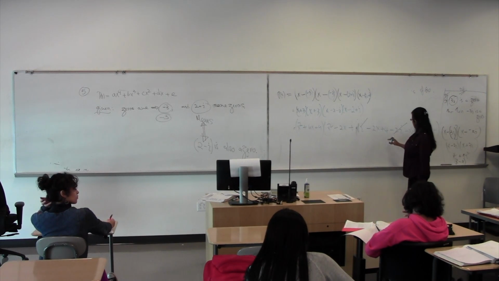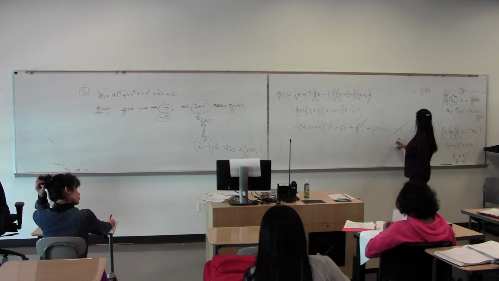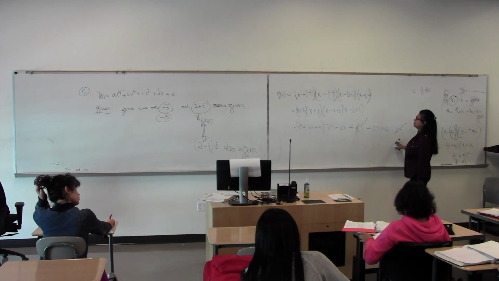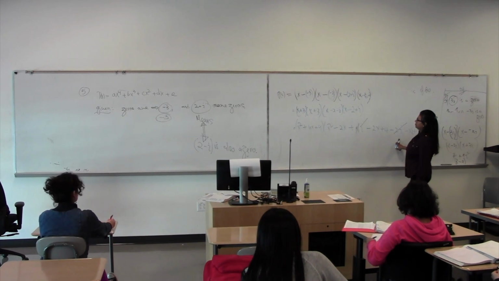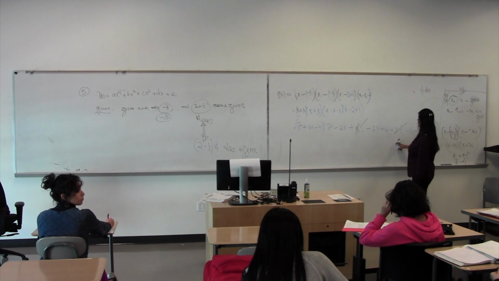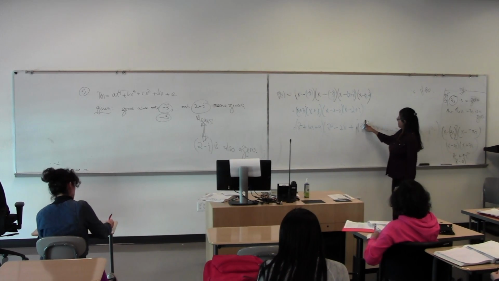Okay, so let's do this. Negative 2i. So, xi and negative xi cancel out. This and this get cancelled.